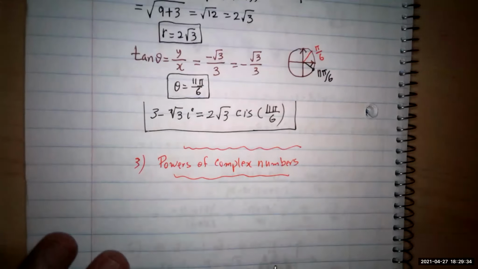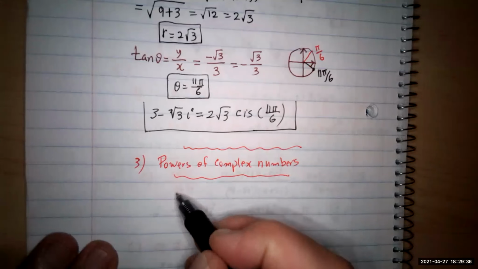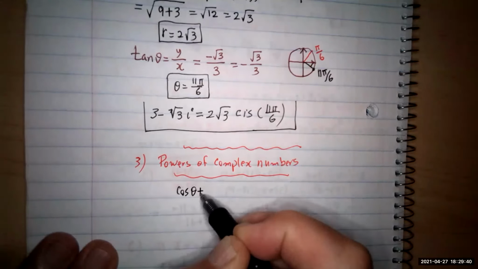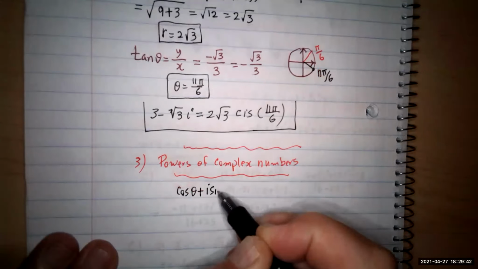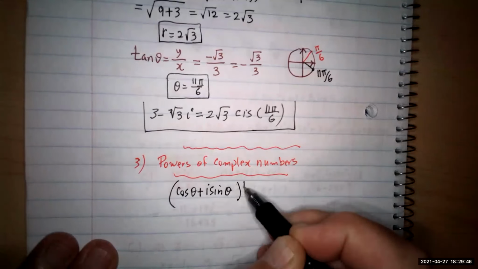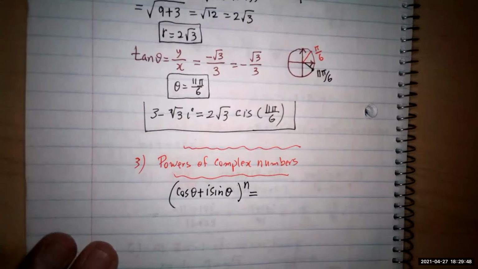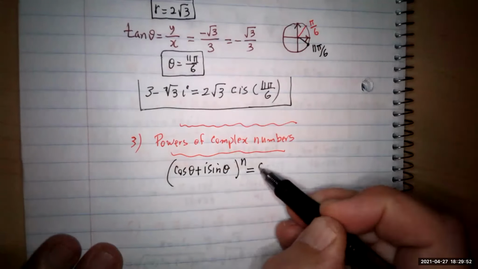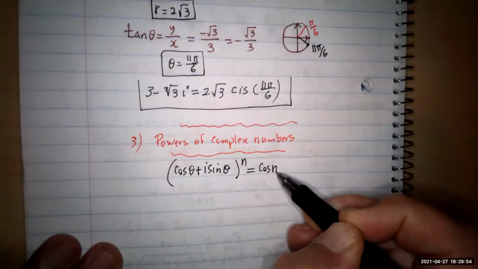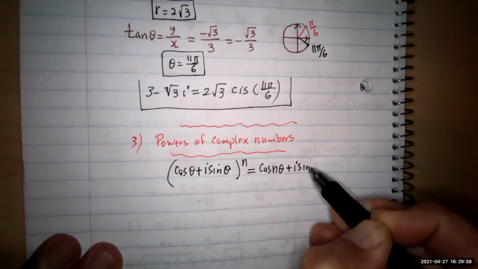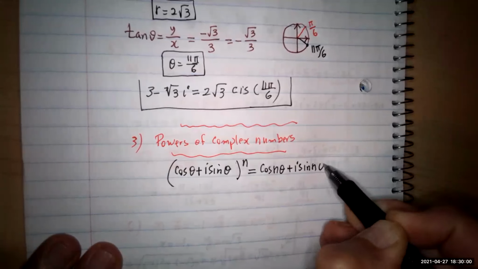If you have a complex number in polar form, cosine of theta plus i sine of theta, all raised to the n, it is equal to, just bring this n down here, cosine of n times theta plus i sine of n times theta.